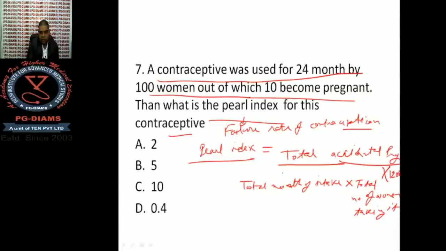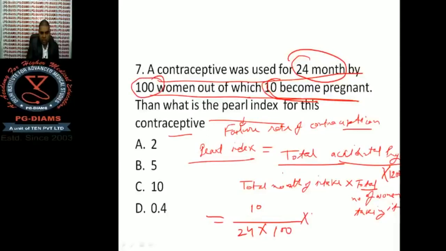So in this case, what was the total accidental pregnancy? 10 became pregnant. So this is 10 divided by total months of intake. Months of intake was 24 months. So you write here 24. And the number of women taking it will be 100 women. So you multiply it with 100. And then the total is multiplied by 1200. So what will be the answer?